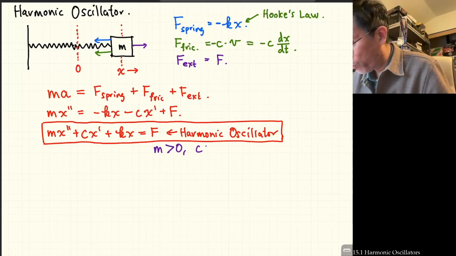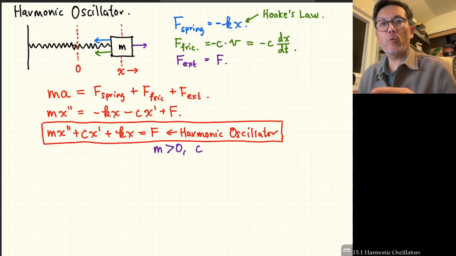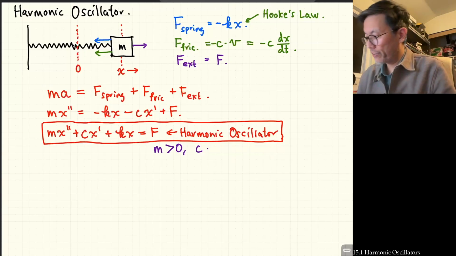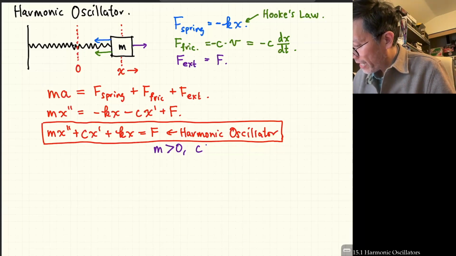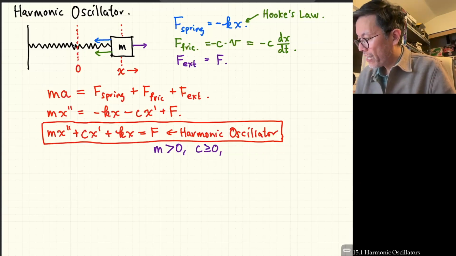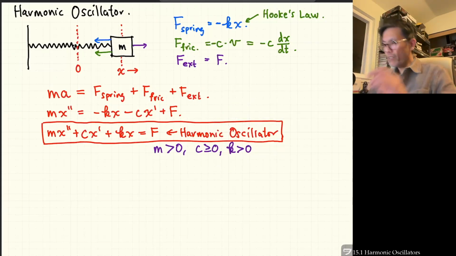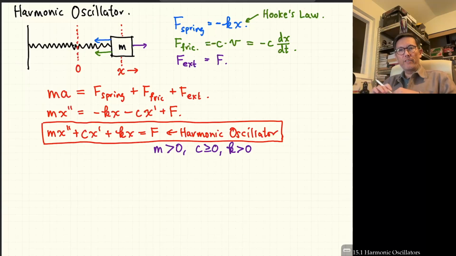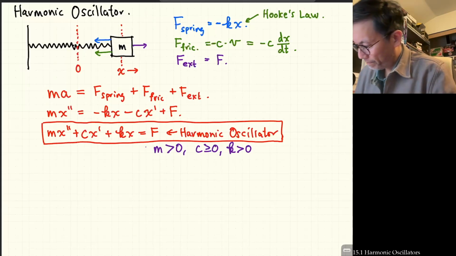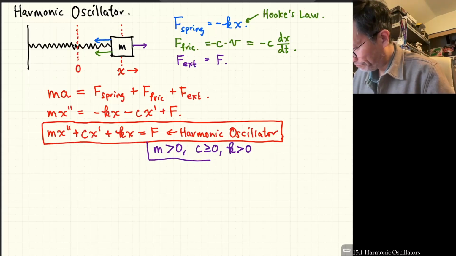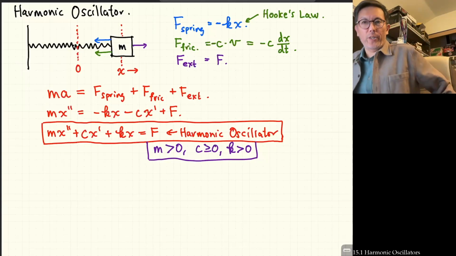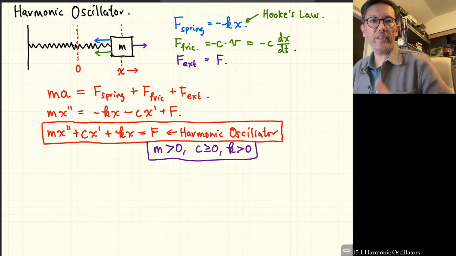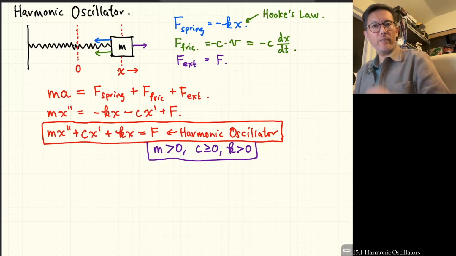C could be 0. We'll allow ourselves to consider the situation where there is no frictional force. So we'll say that C has to be greater than or equal to 0. And finally, we'll require that K be positive also. That there is a non-zero restoring force, what we're calling the spring force. Okay, so these are key assumptions that we're going to bring to bear, and it'll be useful for us when thinking about the harmonic oscillator.